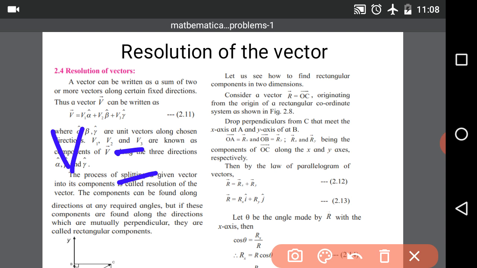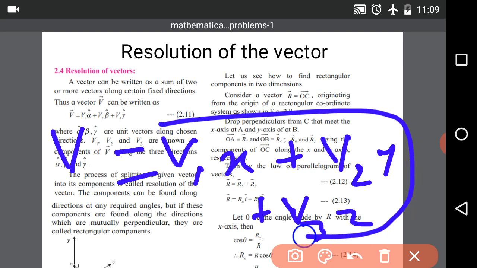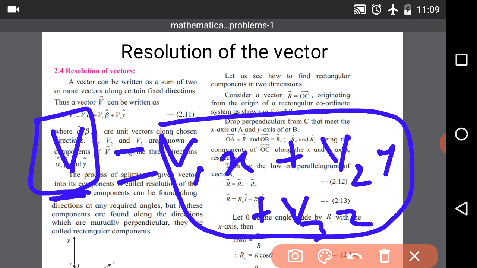That means you can resolve v such that v1x plus v2y plus v3z, and the sum of all these three vectors v1, v2, v3 is equal to v.